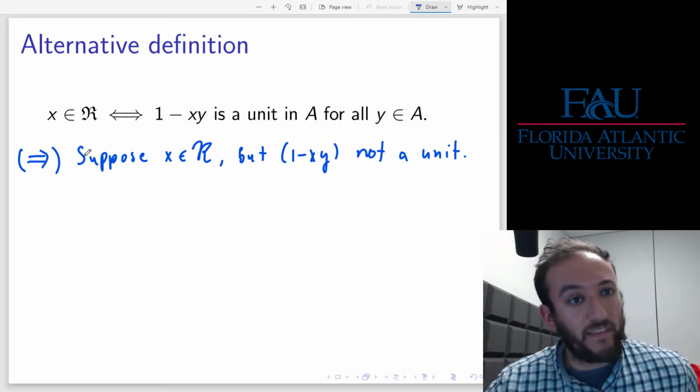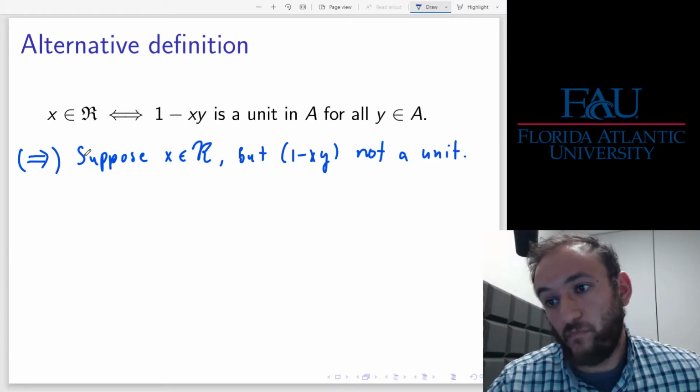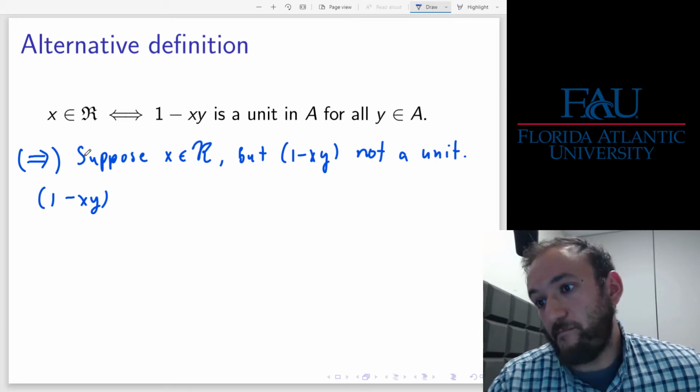Whenever you have something that's not a unit, it must be contained in some maximal ideal, and you can use our Zorn's lemma argument to verify that. So this is in some maximal ideal M.